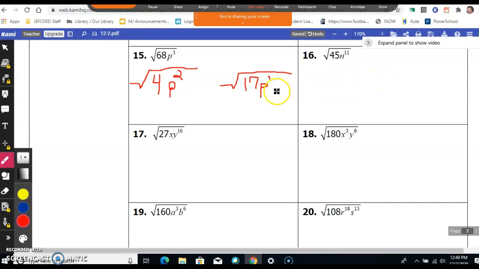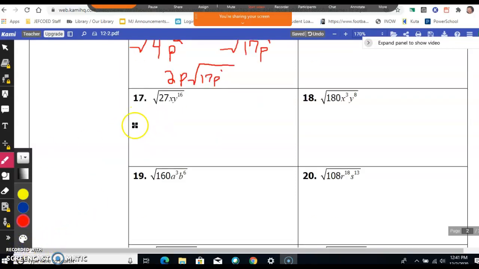So then you've got 17p to the 1 in the column that we can't solve. Okay? Now simply come back and let's take the square root of everything that we can. The square root of 4 is 2. And the square root of p squared is p. And then we simply have everything else right here, 17p, or p to the 1, whichever one that you prefer.